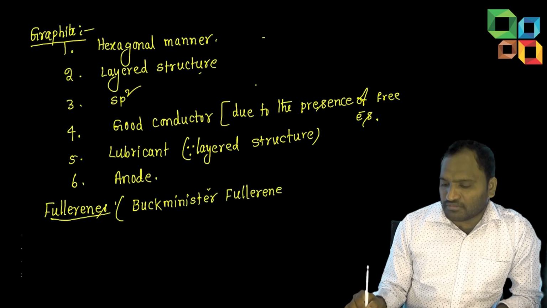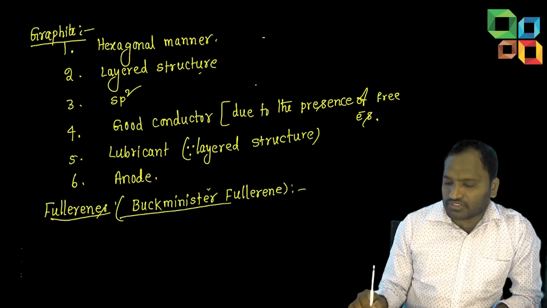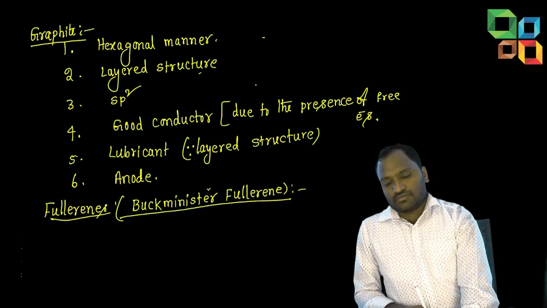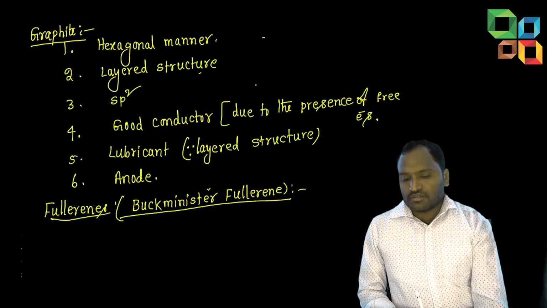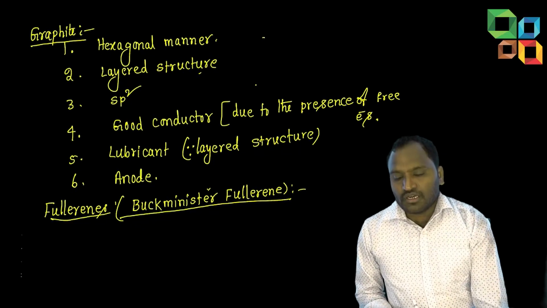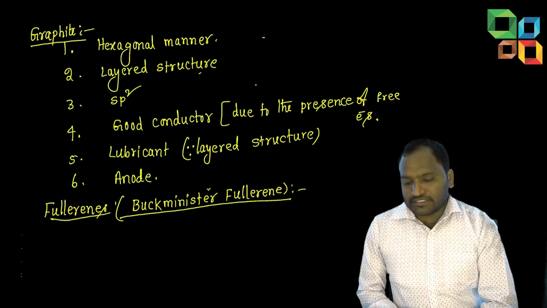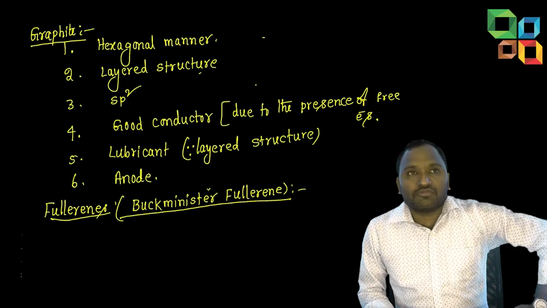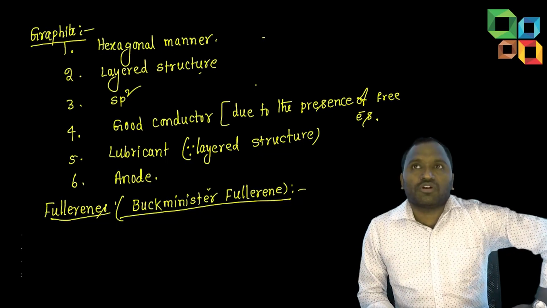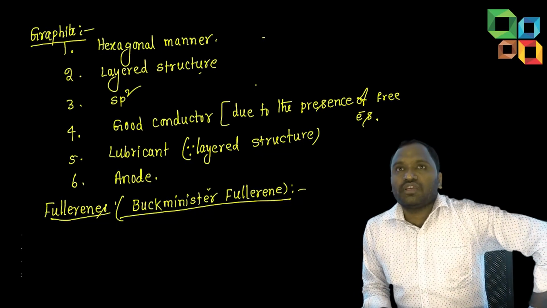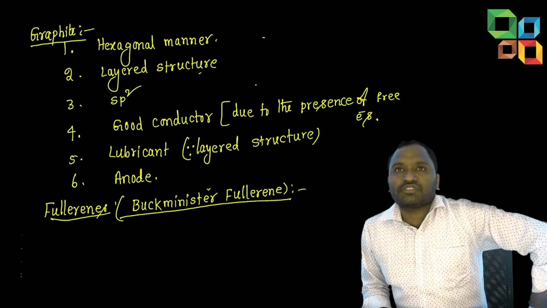Combustion of organic compounds gives energy. Since it is soft, only a small amount of energy is released. But in the case of hydrocarbons, a larger amount of energy is released. So we can use those hydrocarbons as fuels.